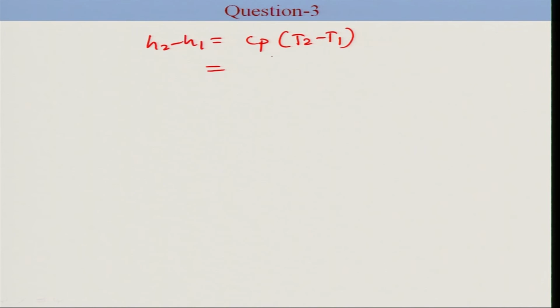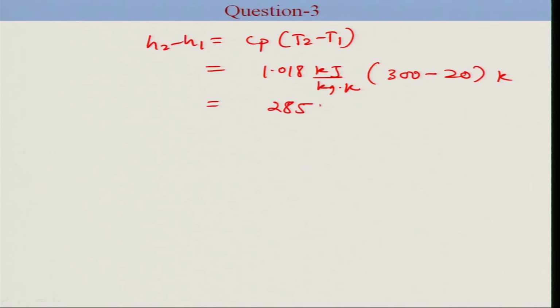So, we know the Cp value, 1.018 kilojoule per kg Kelvin, times 300 minus 20 Kelvin. So, this gives 285 kilojoule per kg. Now, you can see the difference. Here the change in enthalpy is less than that of the previous case.